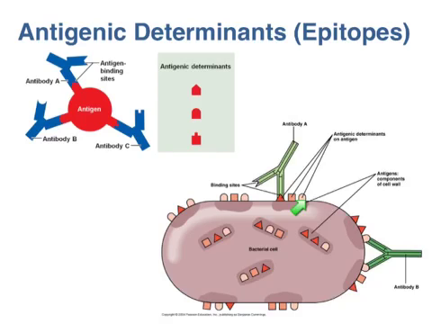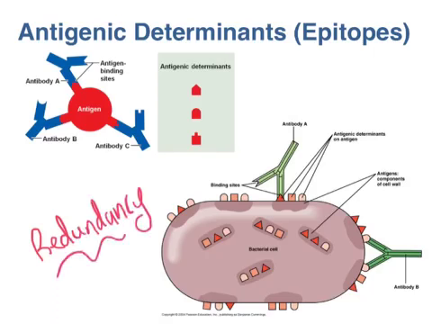The name of the game here is redundancy. The immune system loves redundancy because redundancy gives you better protection. Okay, maybe your body, your genetic makeup, maybe you can't make antibody A over here. But it's fine. You're fine.